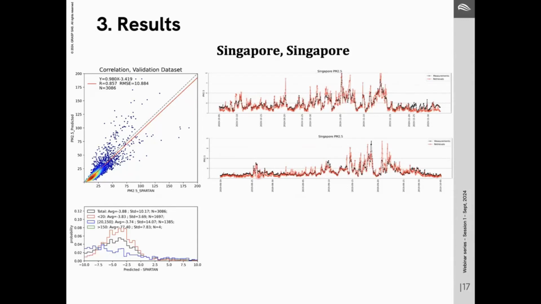Singapore also has a combination of different aerosol sources, including biomass burning that is transported from the neighboring country, and also local car and industrial emission, as well as shipping emission, etc. And we can get the mean bias under 4 micrograms per cubic meter, and the correlation is around 0.86.